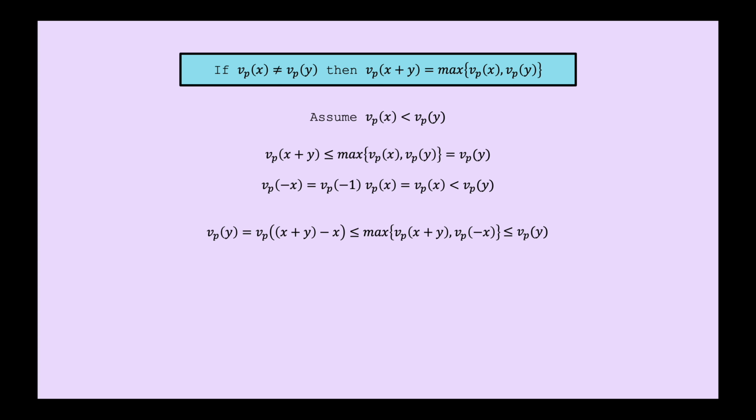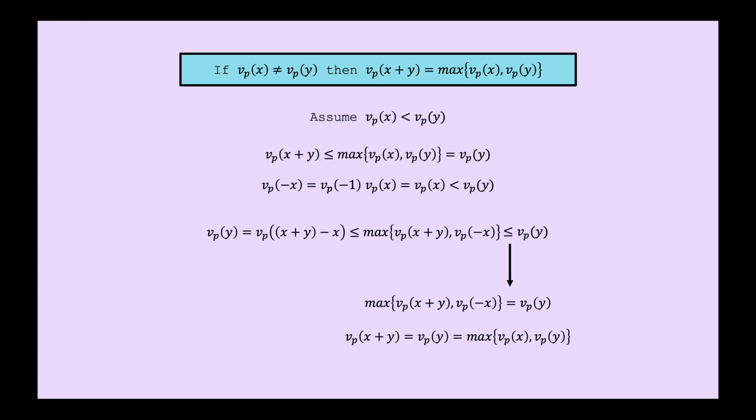However, now we have the p-adic valuation of y on both sides of the inequality, so we know that both of our inequalities are actually equalities. And since vp of negative x is less than vp of y, this equality is only possible if vp of x plus y is equal to vp of y, which is the maximum of vp of x and vp of y.